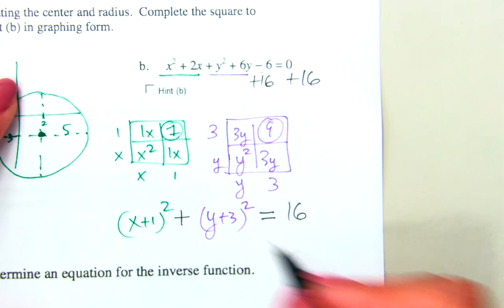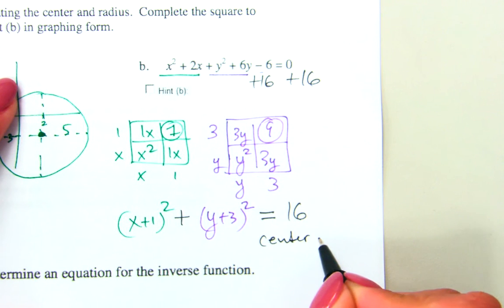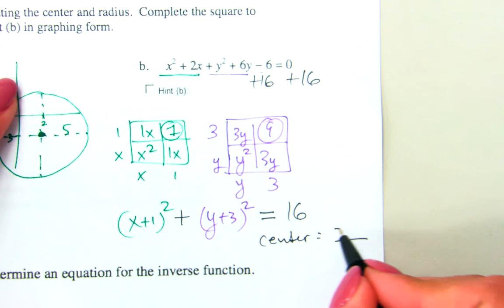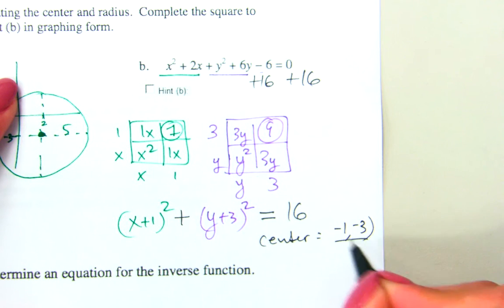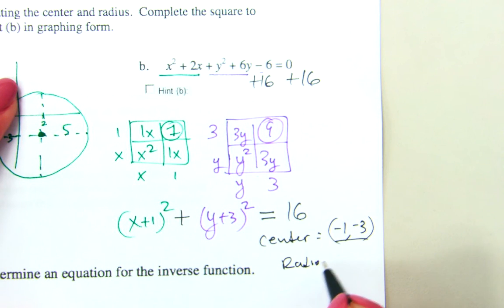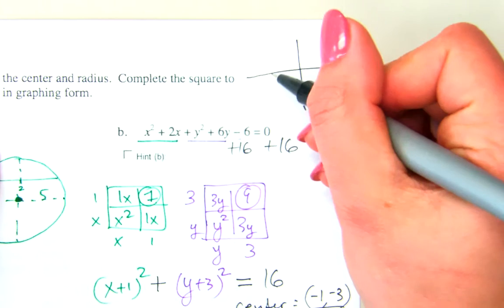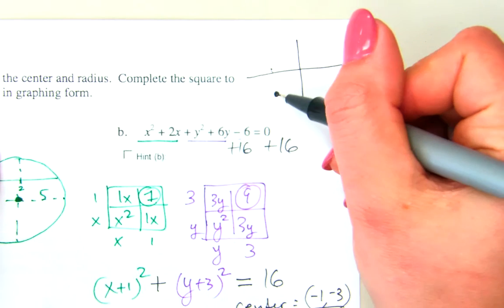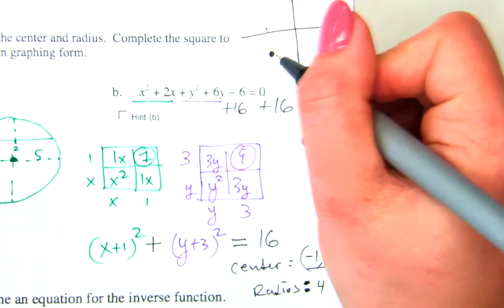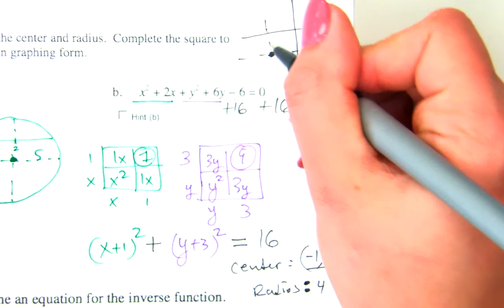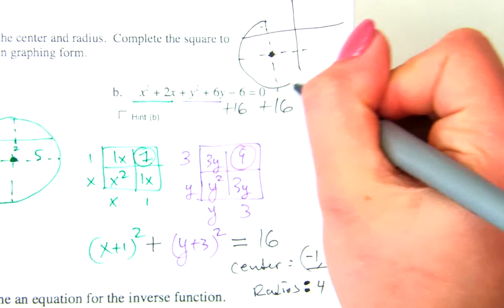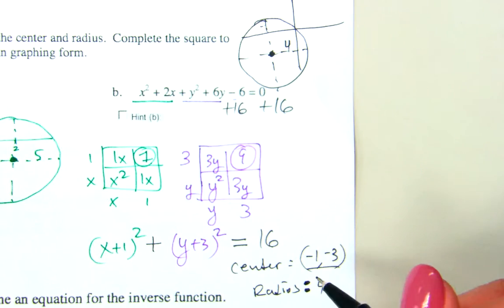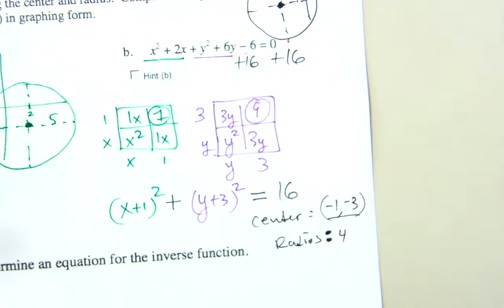So our center is going to be at negative 1 and negative 3 with a radius of 4, because 4 squared is going to give us 16. So that's going to look like, negative 1, negative 3, so it's going to be down here somewhere. And then our radius is going to be 4, so we go 4 out in one direction, 4 up, 4 around. So our radius is 4, and our center is at negative 1 and negative 3.